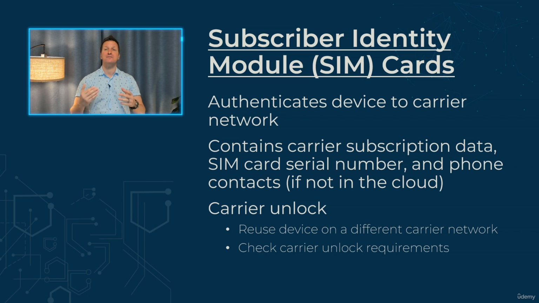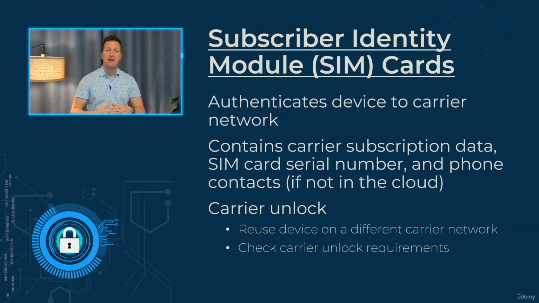It contains enough information to know that you're allowed to transmit and make phone calls and you have a data plan on that network, whether it's Rogers or Telus or Bell or whoever it is. So the SIM card contains that type of account information to allow you to get on the network. It contains a serial number.